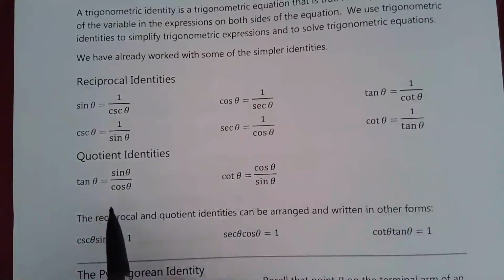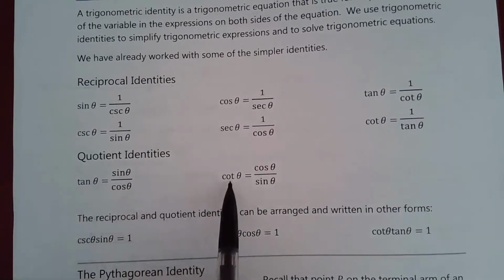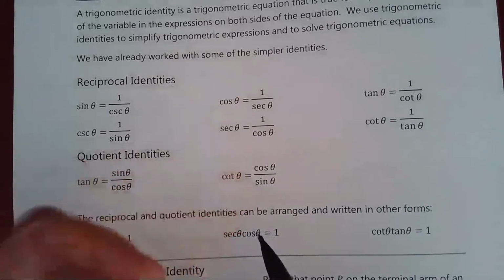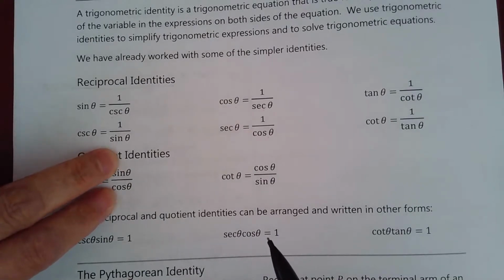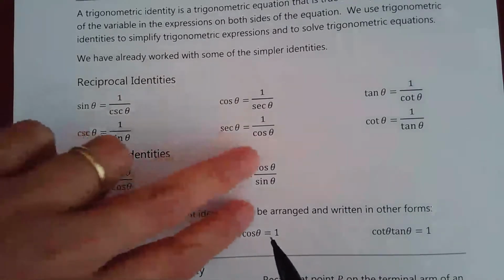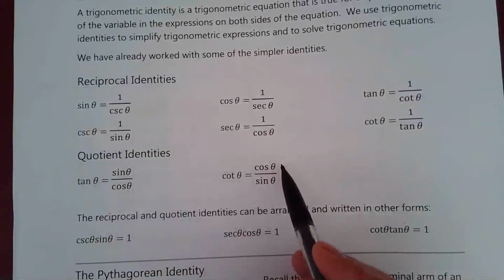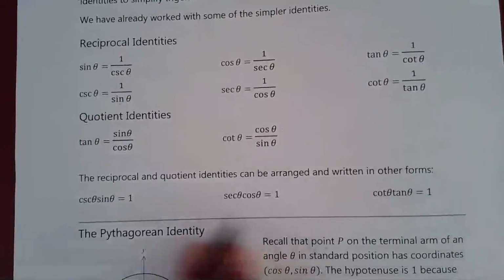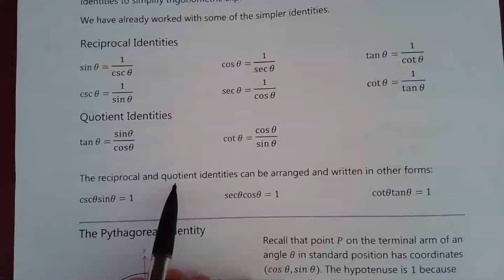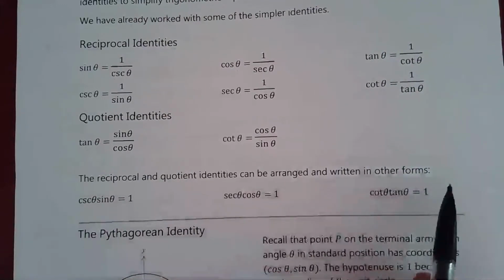Because tan theta is equal to sine theta over cos theta, the cotangent, which is the reciprocal of tan, is cos theta divided by sine theta. So these reciprocal and quotient identities can be arranged and written in other forms.